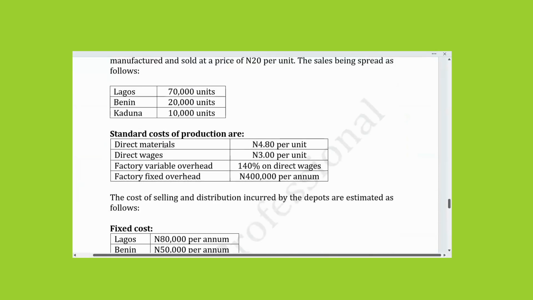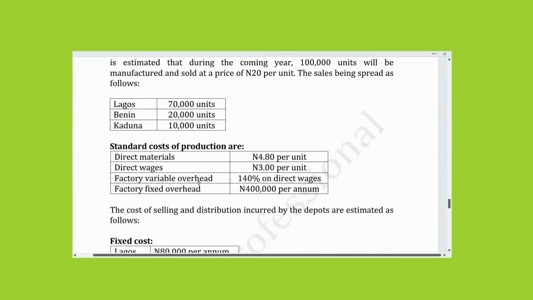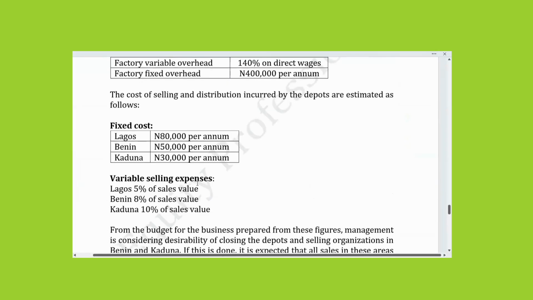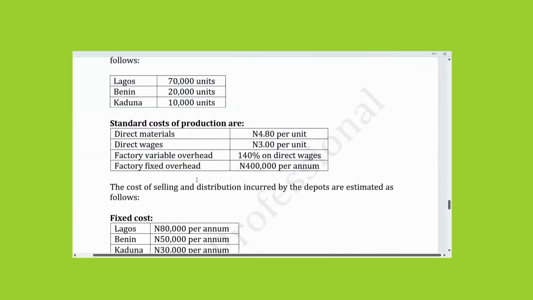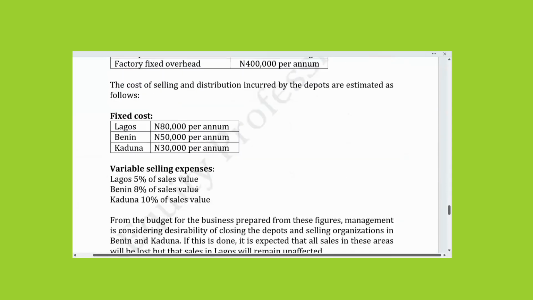Next, we also have factory variable overhead. There are no direct expenses. So variable overhead is 140% of direct wages.